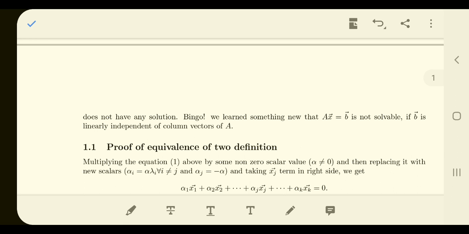Because Ax is nothing but a linear combination of the columns of A, and if b is not linearly dependent on the columns of A, Ax equals b is not solvable, right? Or in other words, Ax equals b is solvable if b is linearly dependent, or can be written as a linear combination of the columns of A. That's right. So that's what we try to understand, right?